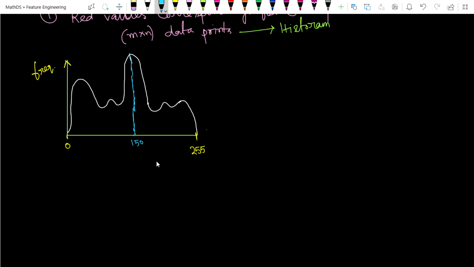So around the range of the 150, somewhere here to here, mostly red color occurs. So its frequency is high. Most of the red colors occur in these dense regions. Here I have some little bit regions.